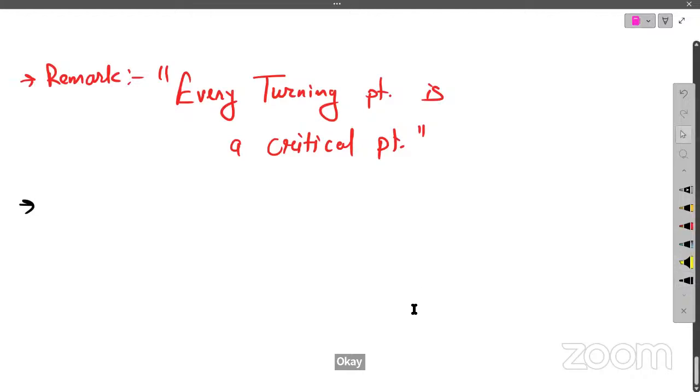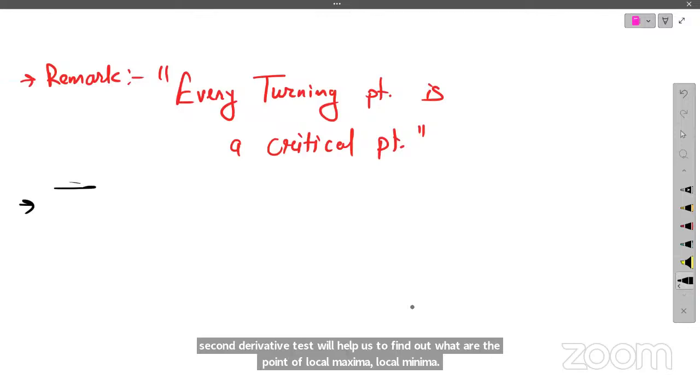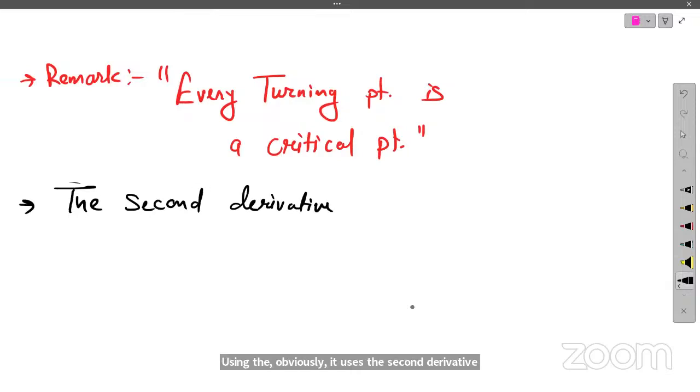Okay, so now let's go to the second derivative test. The second derivative test will help us find the points of local maxima and local minima, obviously using the second derivative. So what does it say?